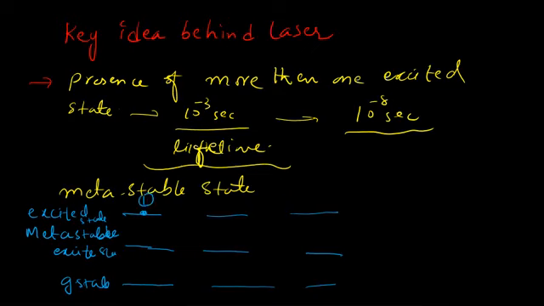It takes a time of 10 to the power minus 8 seconds to go from the excited state to the metastable state, and from the metastable state to the ground state it takes 10 to the power minus 3 seconds. So the metastable state is the state in which an electron can stay for a long time compared to the normal excited state.